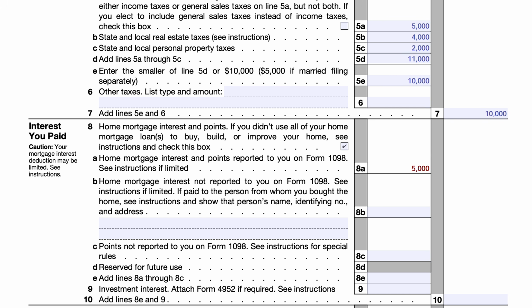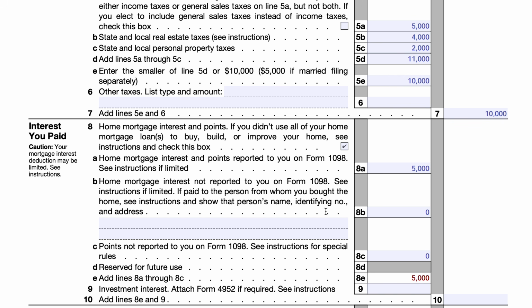Line 8D is reserved for future use. So we're going to combine all of these, which we only have an amount reported in line 8A, and that's going to be $5,000. In line 9, this is investment interest.